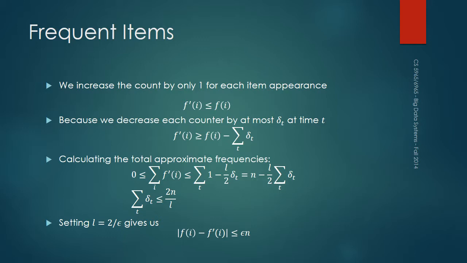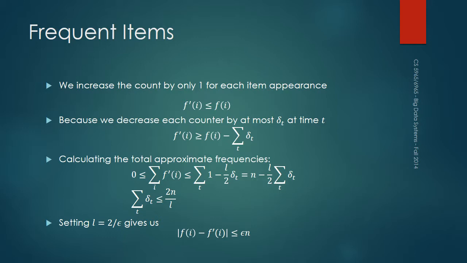So why are we doing this? Now this summation can be written in terms of n. This is just the summation over t of 1. This is all the entries, all the points that you're seeing. You've got n items overall. This was the sum over all time points, where I'm getting one entry every time.